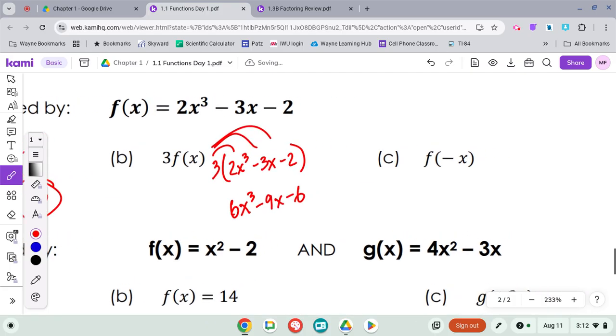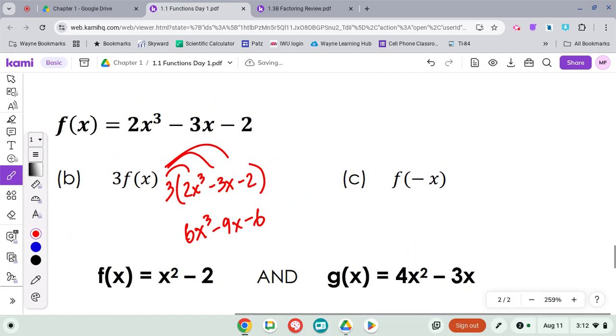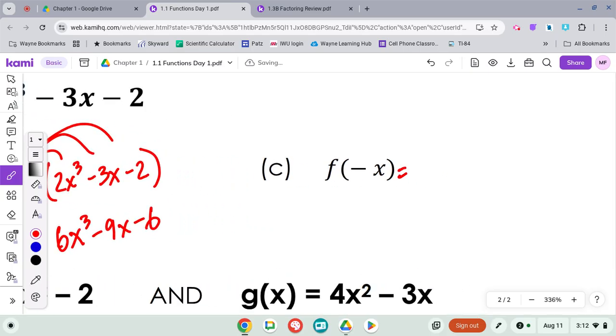Okay, final one, part C, f of negative x. That means everywhere there was an x, we're going to replace it with a negative x. So we've kind of done this already when we talked about negating it. So think for a moment, if it is true that we could replace x with negative x, and it ends up being the same, that would mean that it was symmetric over the y-axis.